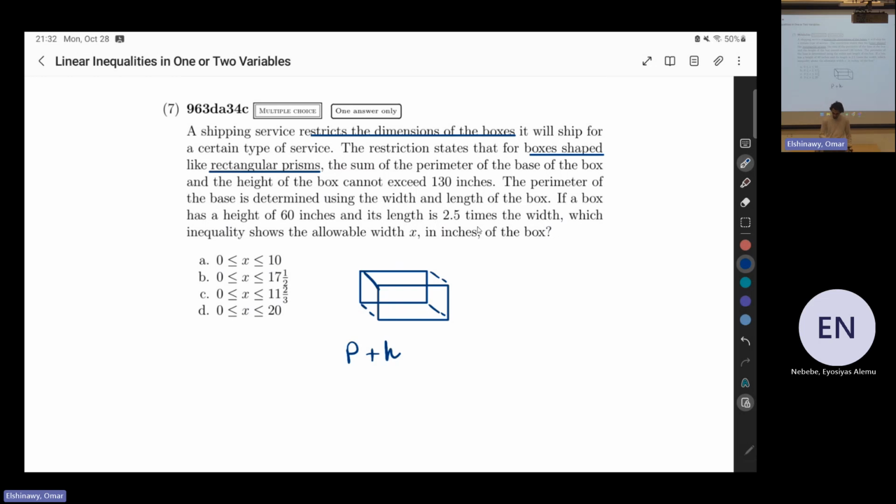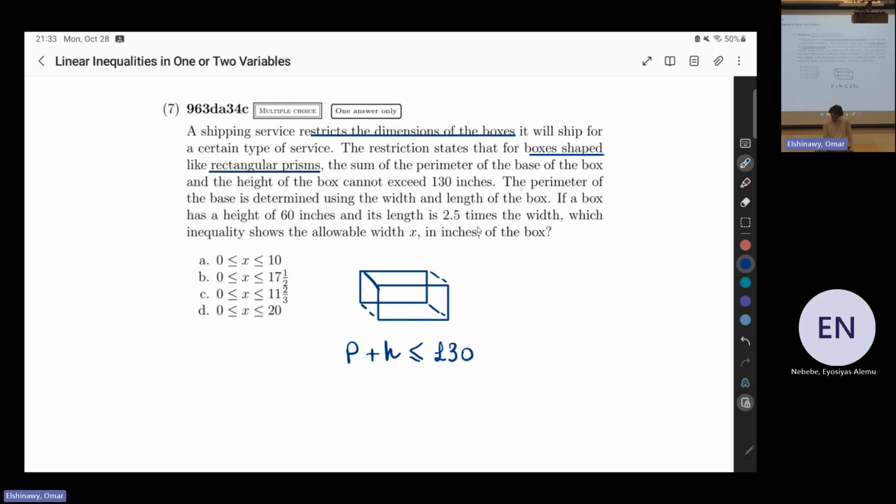So the perimeter and the height, their sum, cannot exceed 130 inches. So cannot exceed means P plus H is greater than or less than 130? Less than or equal. So it cannot exceed, so it's not greater than. It's less than or equal to 130. Okay, that's looking good. So that's one fact already.